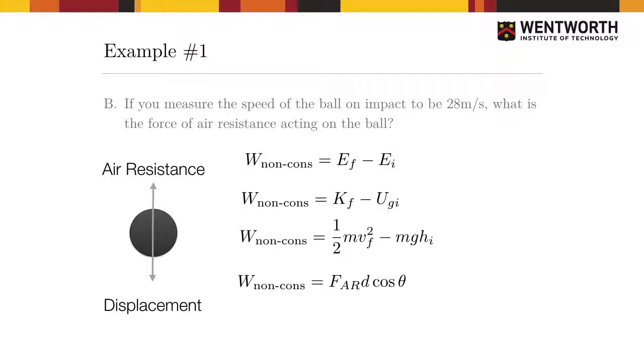We just need to calculate the work done by friction, or air resistance in this case, using our equation for work. Looking at the ball as it falls, the force of air resistance is pointing in the opposite direction of our displacement.